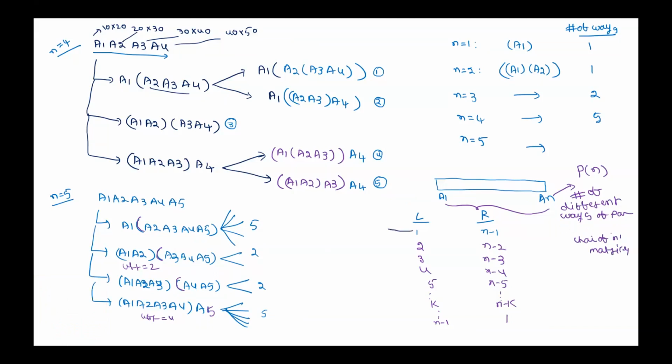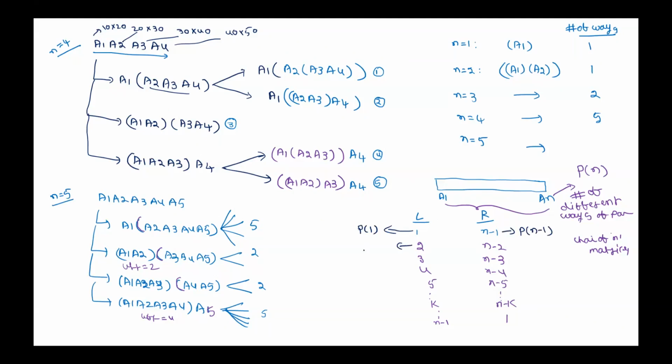Now, how many ways can we parenthesize the left side then? If P of n is the number of ways of parenthesizing a chain of n matrices, how many ways can one matrix be parenthesized? 1. According to the notation, P of 1. How many ways can the right side be parenthesized? P of n minus 1.